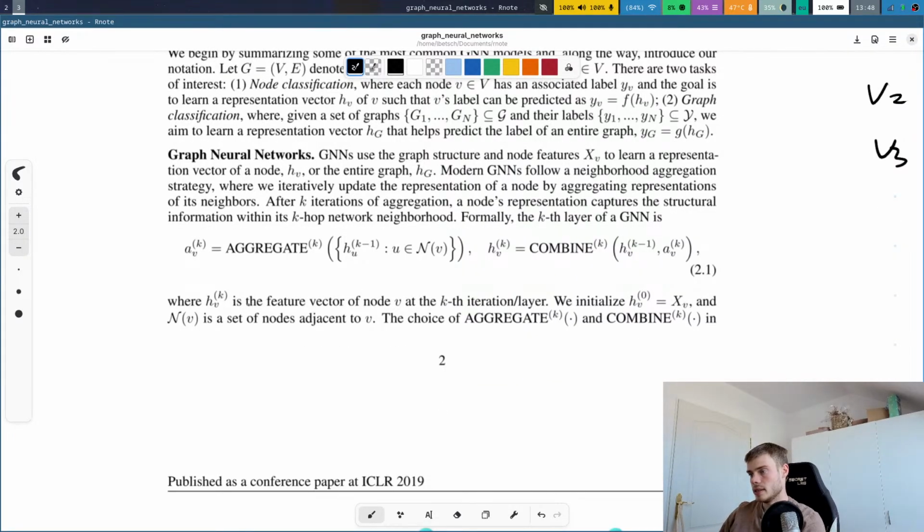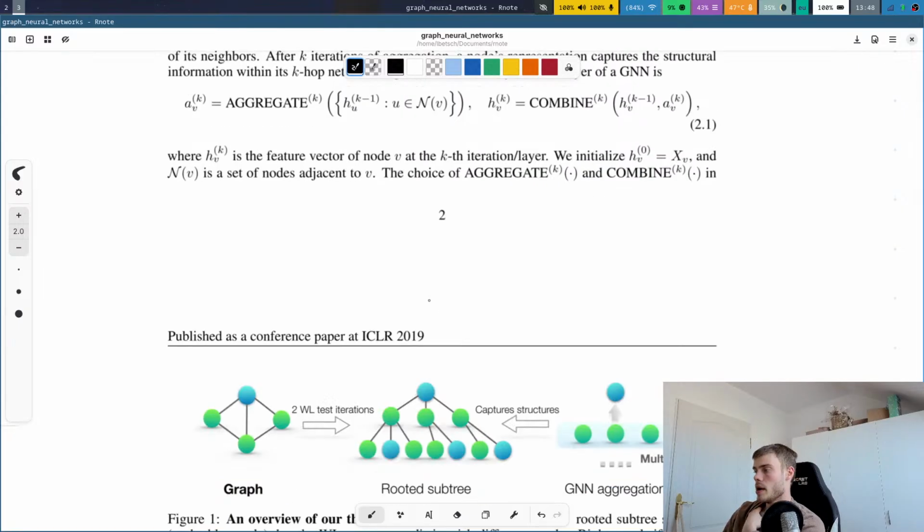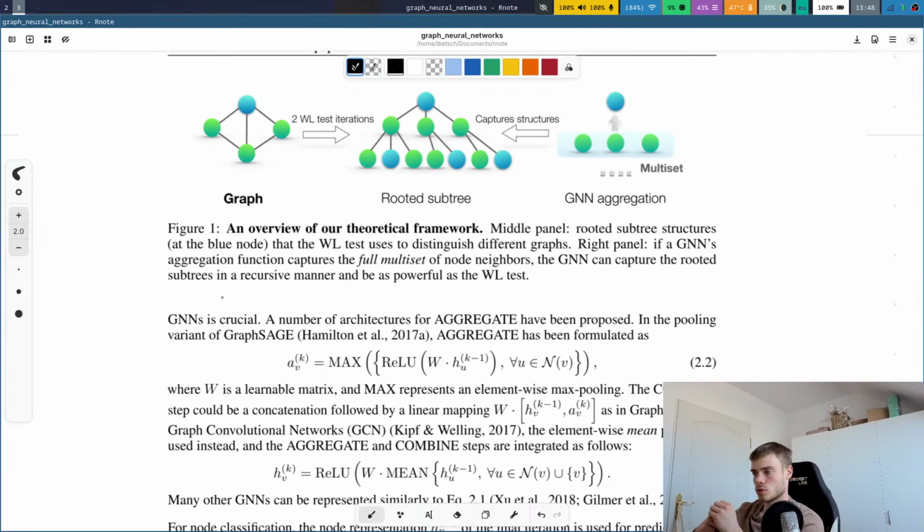Where HVK is the feature vector of node V at the kth iteration layer, we initialize HV0 to XV, and the neighborhood of V is a set of nodes adjacent to V. The choice of aggregate K and combine K in GNNs is crucial. A number of architectures for aggregate have been proposed.